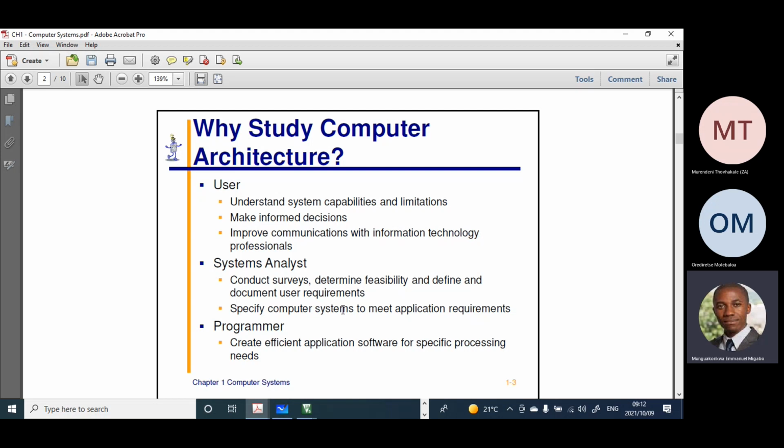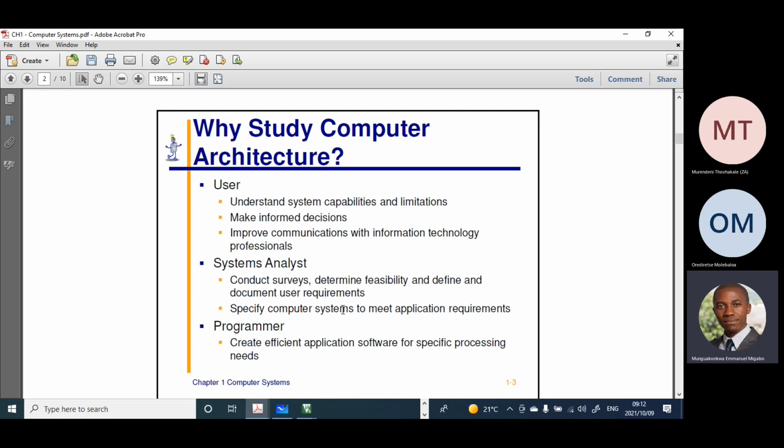At the administrator level, you can allocate resources better, etc. So the making of informed decisions applies differently to different users, depending on their job task.